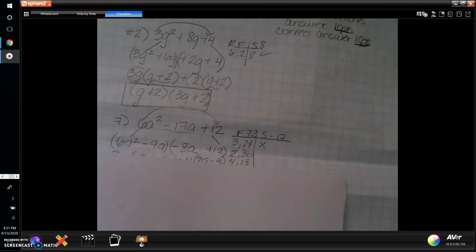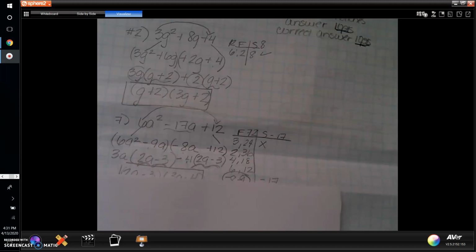Then I need to factor from the first quantity. I can factor out a 3a. And that leaves me with 2a minus 3. Factor out negative 4, I get 2a minus 3. So when I factor both of those out, those quantities are the same, my answer is 2a minus 3 times 3a minus 4.